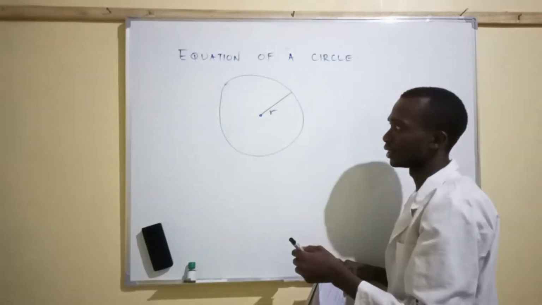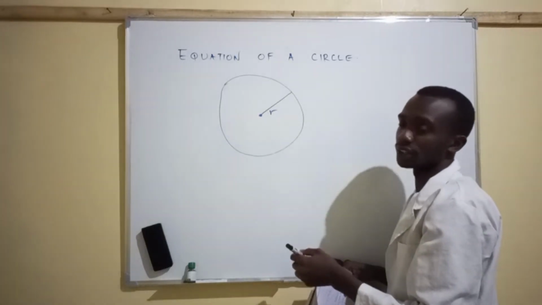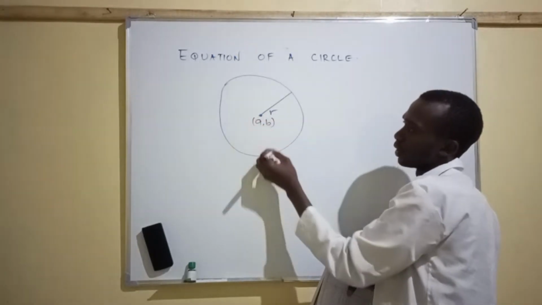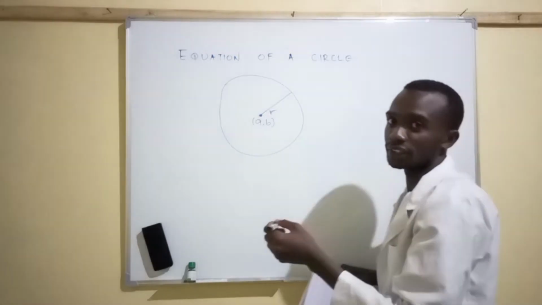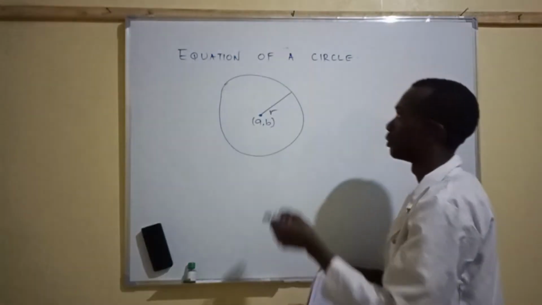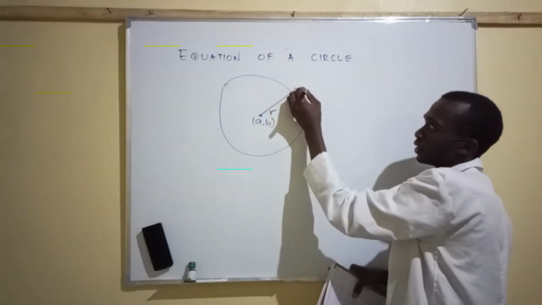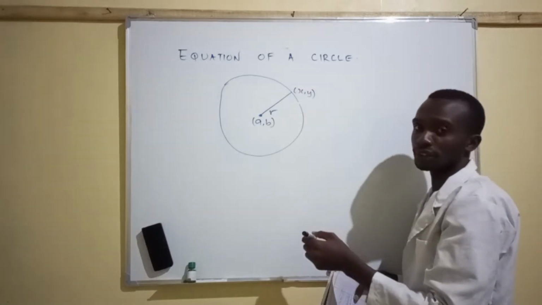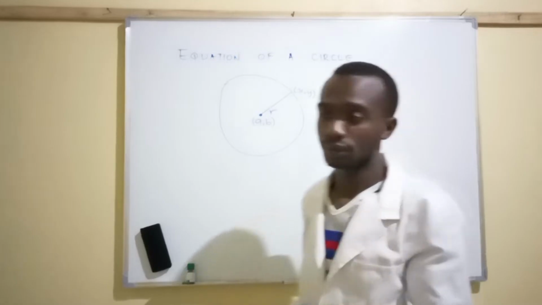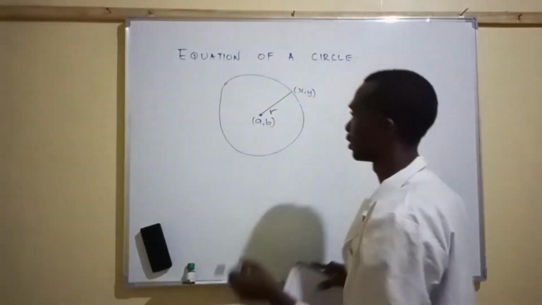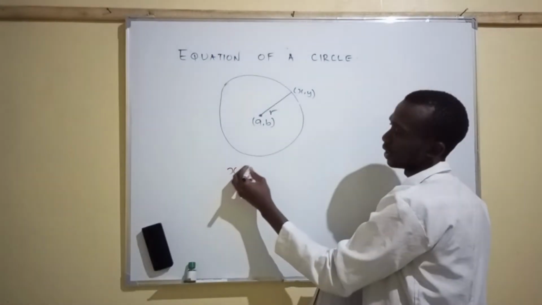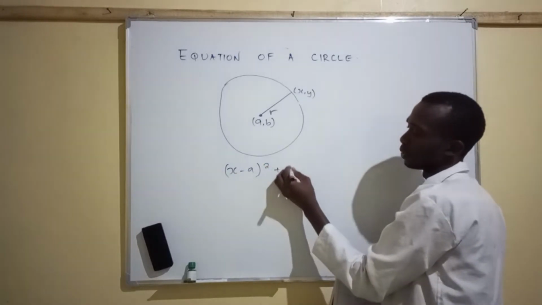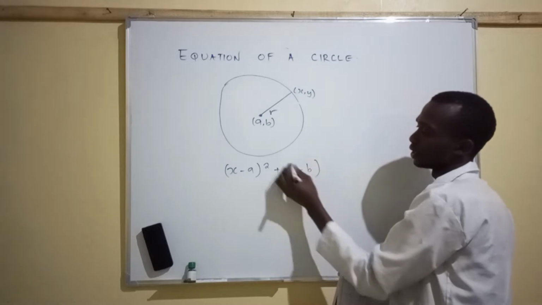Now consider that the center of the circle has coordinates (a, b), and the circumference of the circle is touching point (x, y). So now, the equation of a circle is usually in the form (x minus a) squared plus (y minus b) squared.